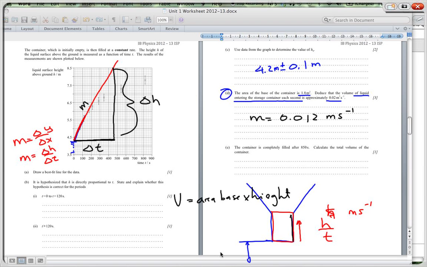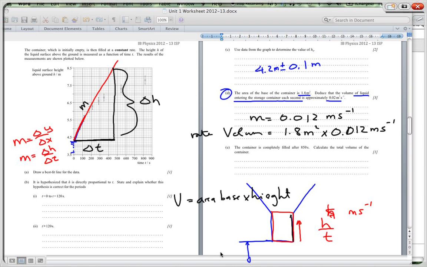So we're going to have the area of the base. The area of the base is equal to 1.8. So you're going to get your volume per second, your rate for the volume, would equal 1.8 meters squared times 0.012 meters per second.